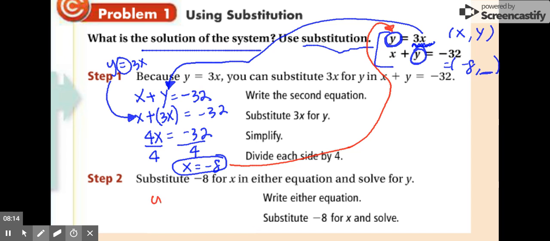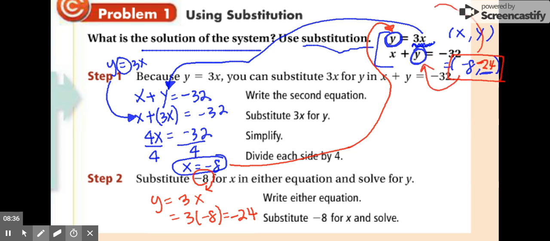So now y is equal to 3x, and now I'm going to plug in negative 8 for x, which is 3 times negative 8. If you multiply these two, the answer is going to be negative 24. So the solution for the system is negative 8 and negative 24. If you want to double check, you need to plug back in, then it should be a true statement.